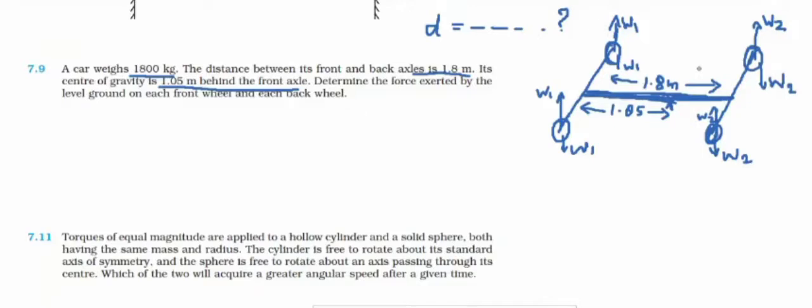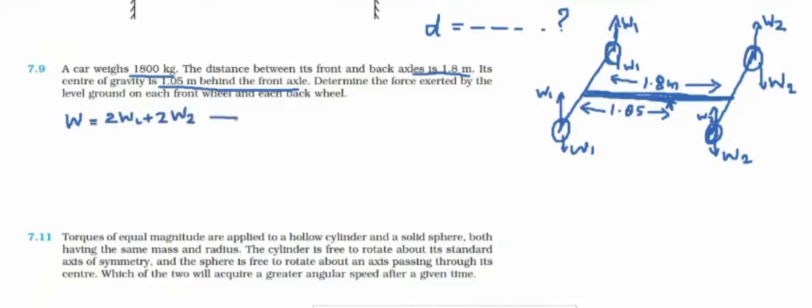Again, we need to take the equilibrium conditions. The total weight of the car we can take as W, which is acting downward. And for translational equilibrium, total upward force is equal to total downward force. So that is 2W1 plus 2W2.